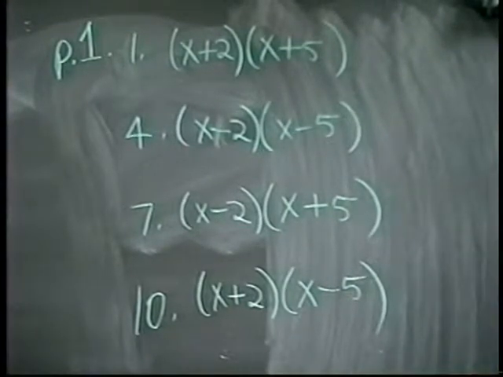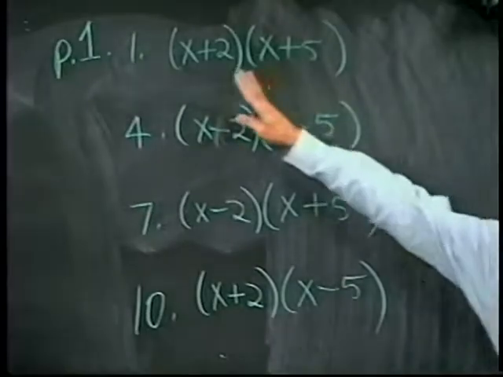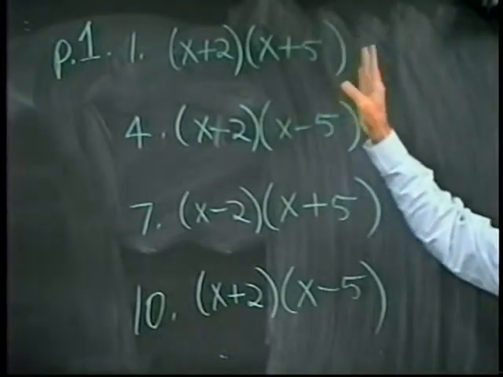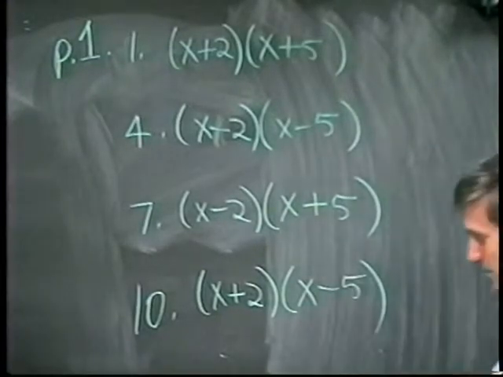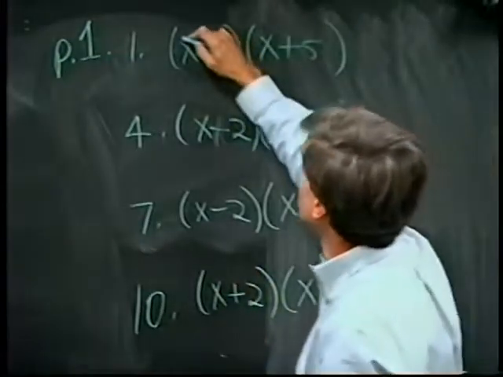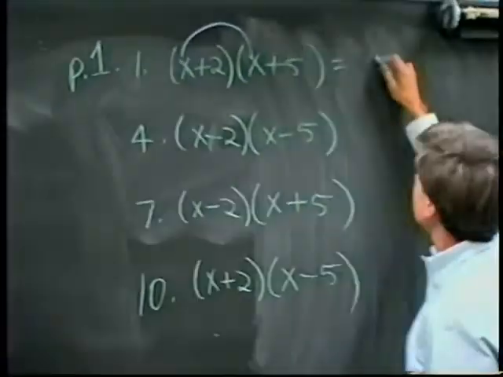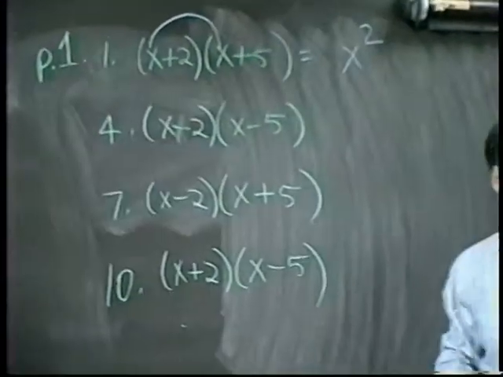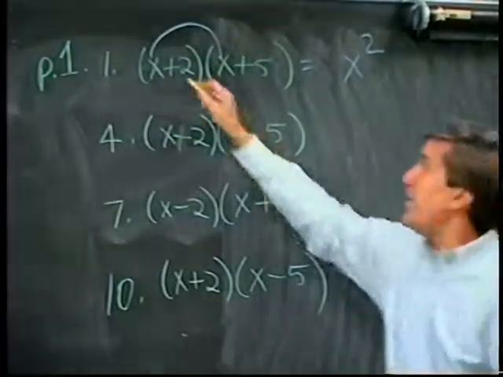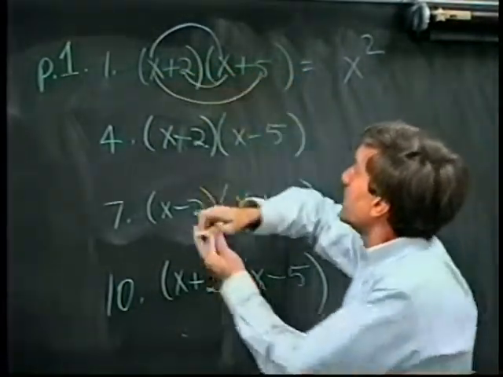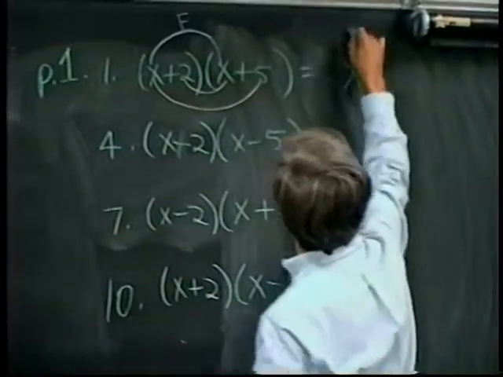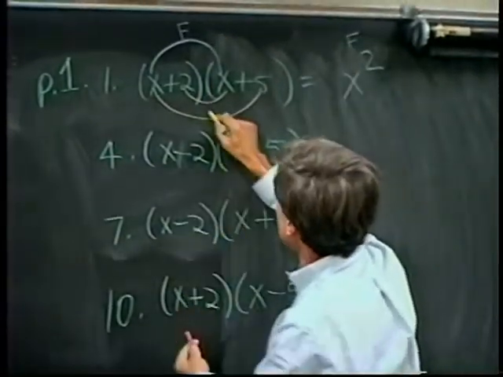Now, remember the word FOIL. This is a product of 2 binomials, and what I'd like to do is FOIL, in other words, take the first times the first, which would give you, what, x squared? And then we'll do the outer times outer, and the inner times inner. This is the F, and this is the F. And then we've got the OI.